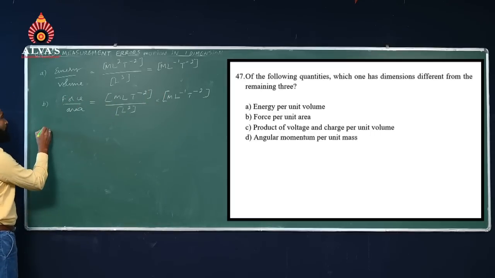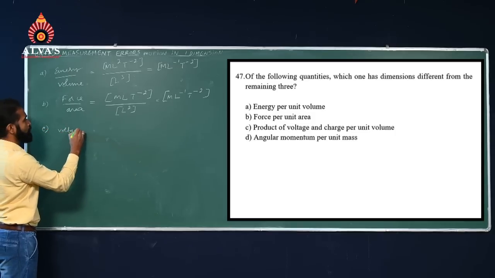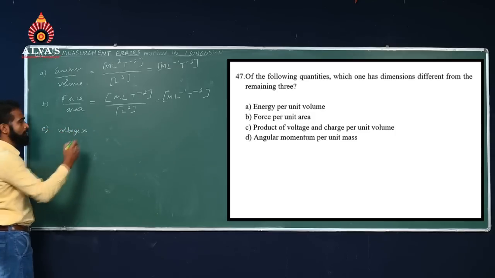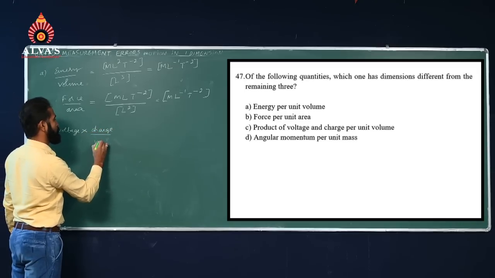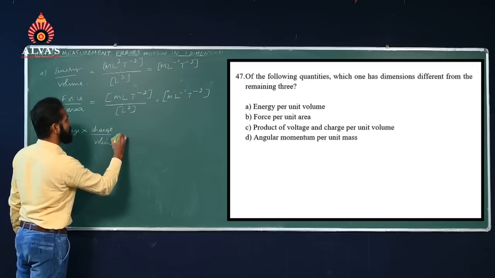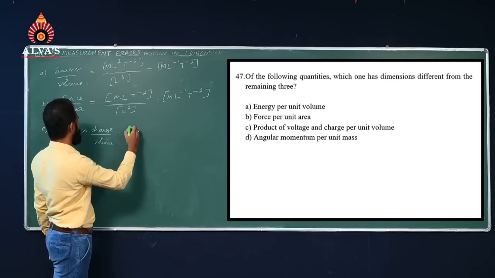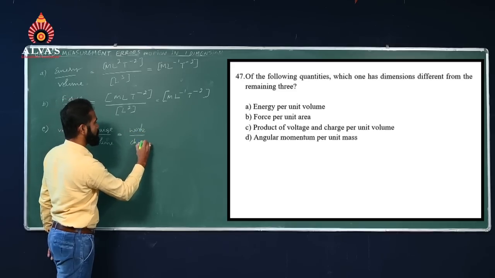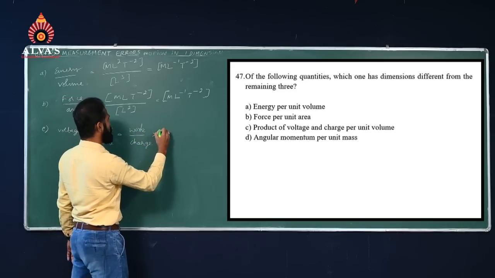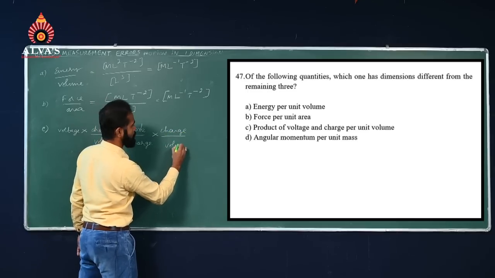The third quantity is given as the product of voltage and charge per unit volume. Voltage can also be written as work done per unit charge. So this is work by charge into charge into volume.